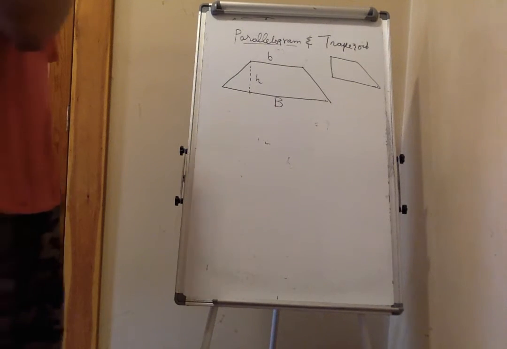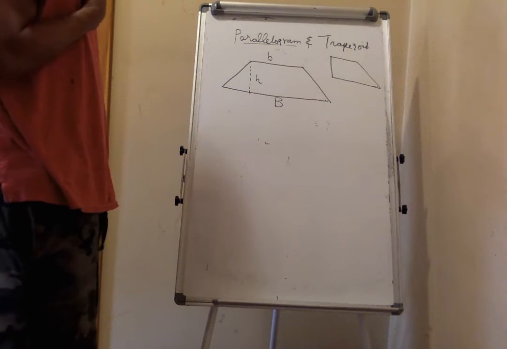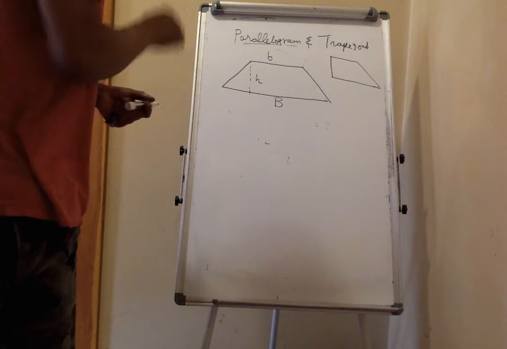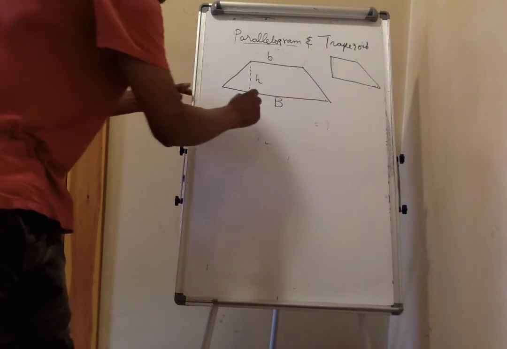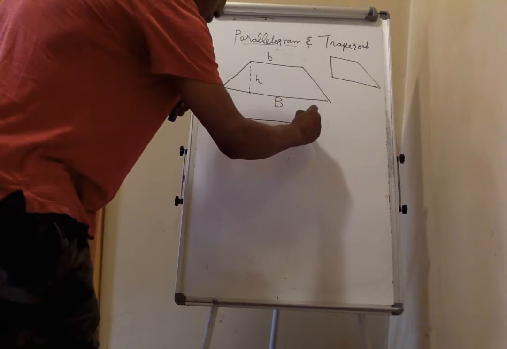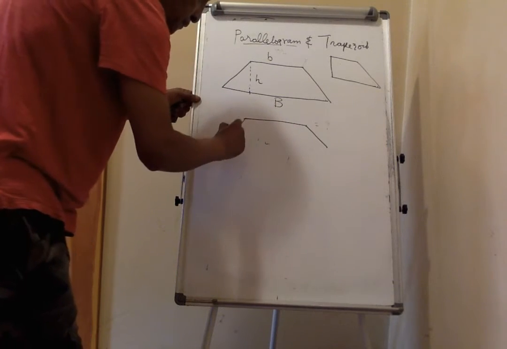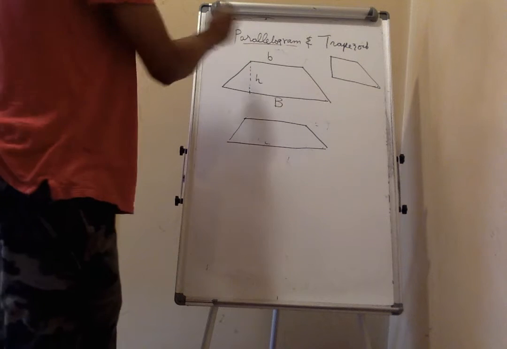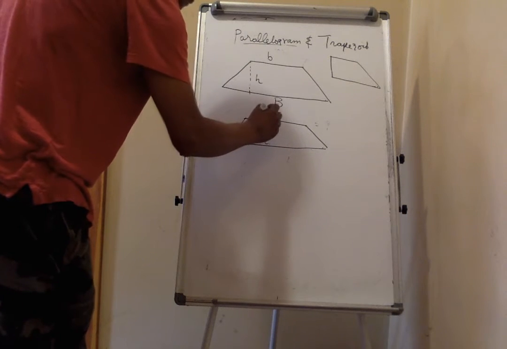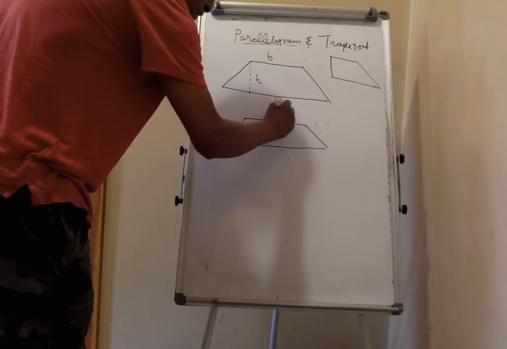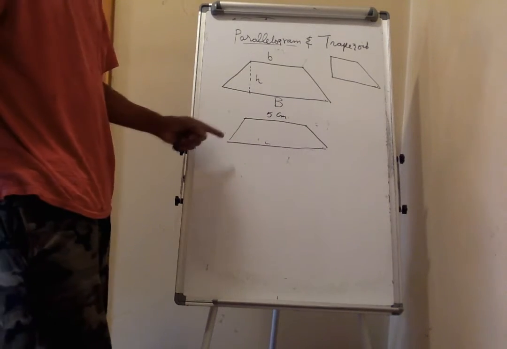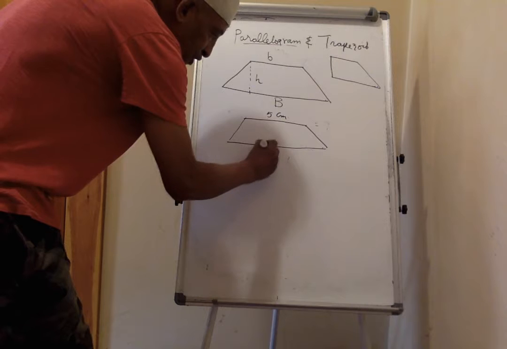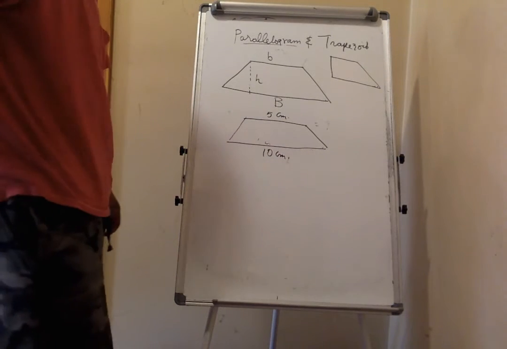Okay? So, if I want to find the perimeter of a trapezoid, which is quite easy, I can do this. Let's say the small base is 5 centimeters, and the other base is much larger than 5, so let's call it 10 centimeters.